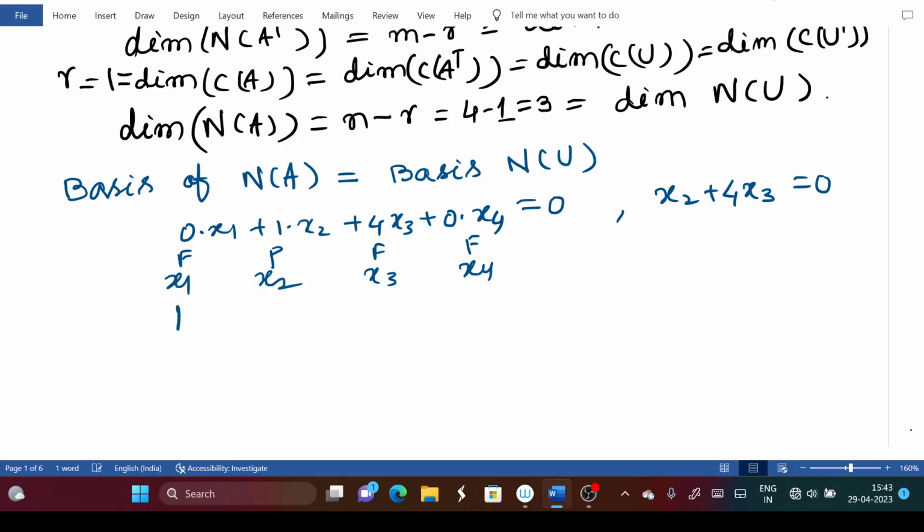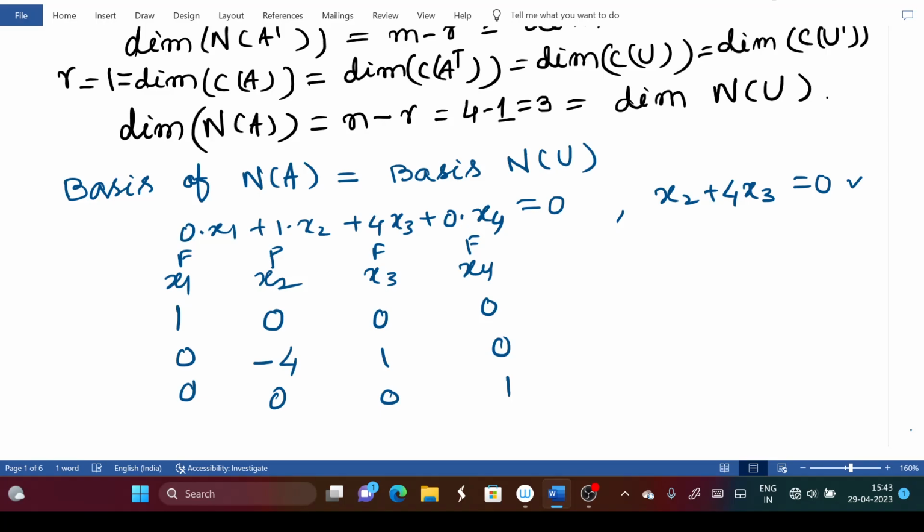As these are free variables, I will assign 1, 0, 0, then 0, 1, 0, then 0, 0, 1. So what will I get? Substituting the value of x3, my x2 is 0 in one case and x2 is minus 4 in another, and this is also 0.